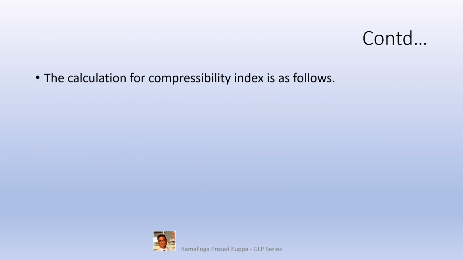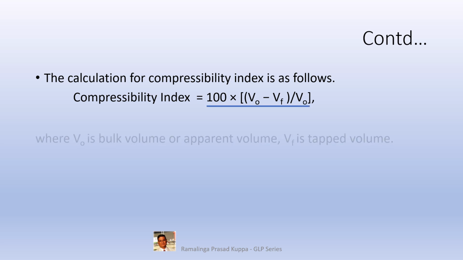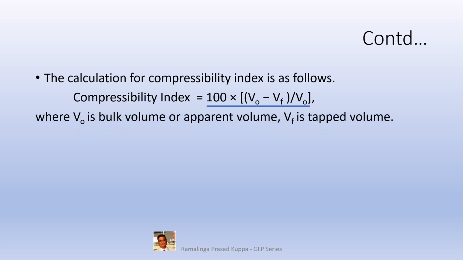The calculation for compressibility index is as follows. Compressibility index is equal to 100 multiplied by (V0 minus Vf) divided by V0, where V0 is the bulk volume or apparent volume and Vf is tapped volume.